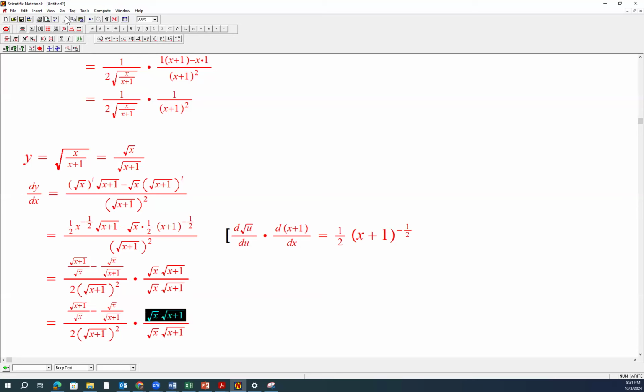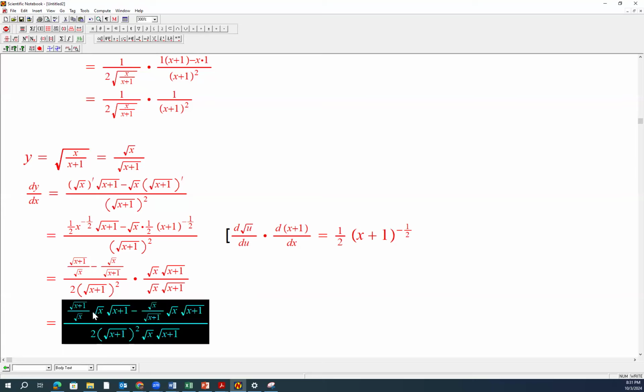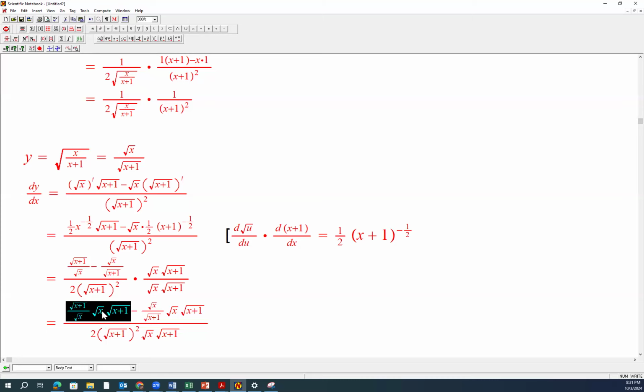So you take this to multiply that piece, and you take that piece to multiply it. And this piece is going to multiply the denominator right here, so this part is no longer needed. On this piece, root x and root x reduce. So what do we have left? We have root x plus 1 squared.